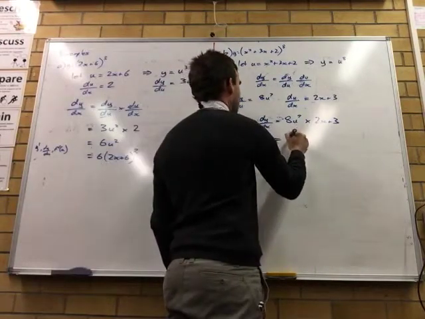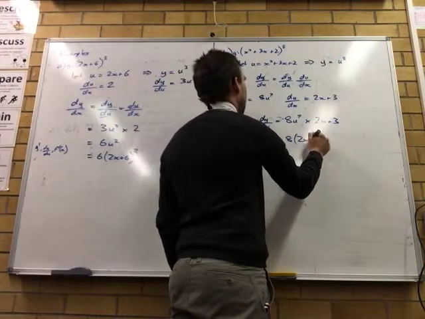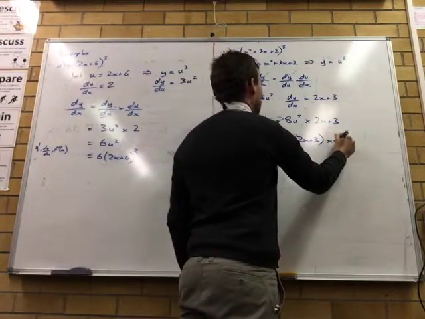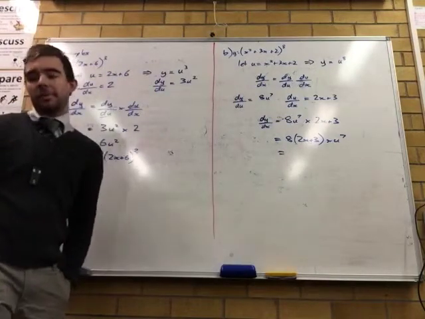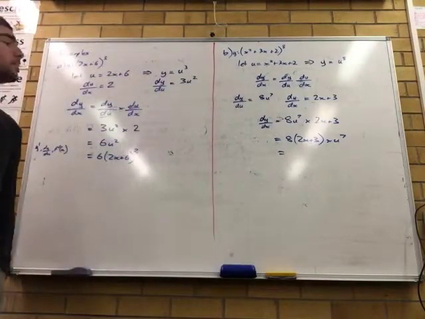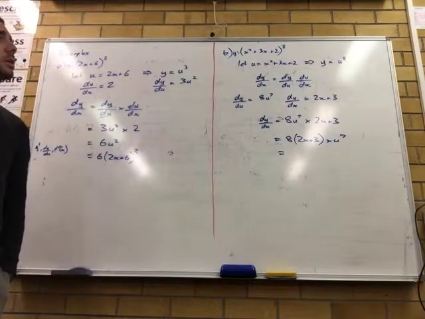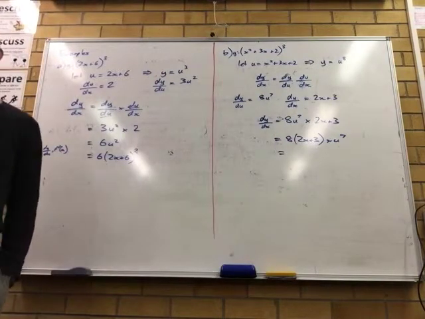So 8 outside of 2x plus 3 times u to the power of 7. I'm not going to expand it, I'm just going to leave it as it is, and I'll then substitute the value in for u into the answer.